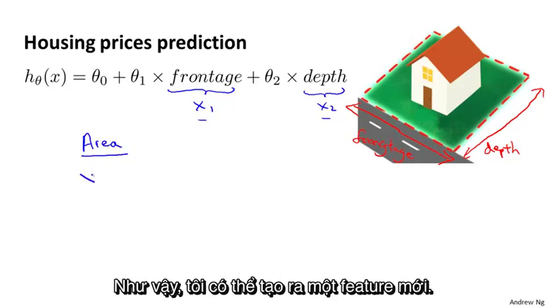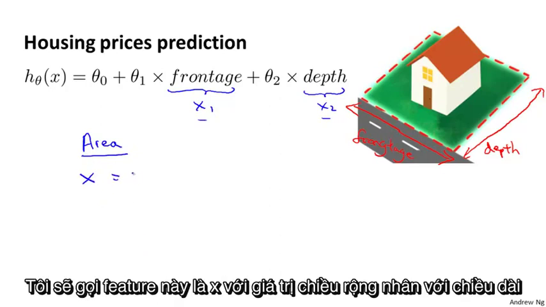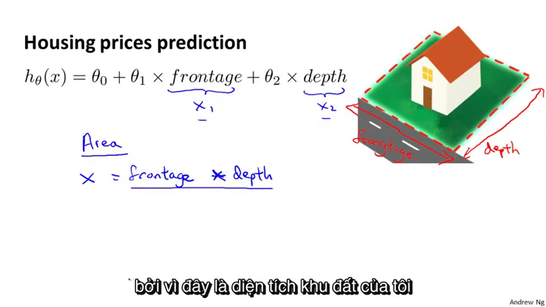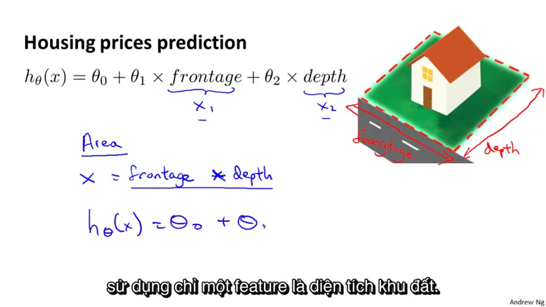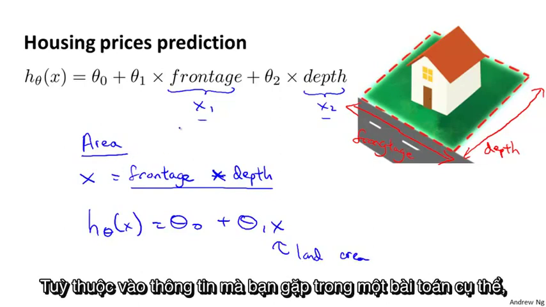So I might create a new feature, and just call this feature x, which is frontage times depth. This is a multiplication symbol, right? So frontage times depth, because this is the land area that I own, and I might then select my hypothesis as that, using just one feature, which is my land area, right? Because the area of a rectangle is the product of the length of the sides.